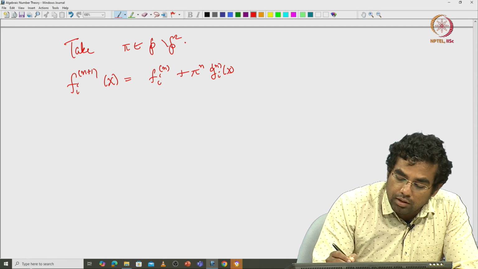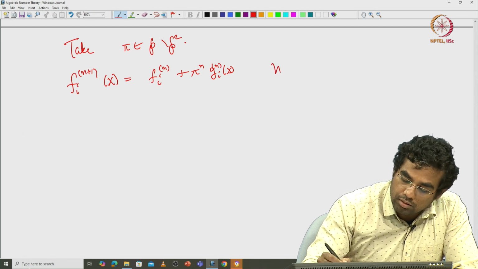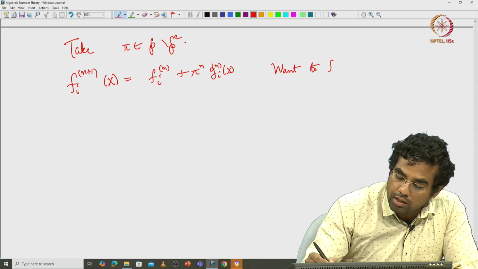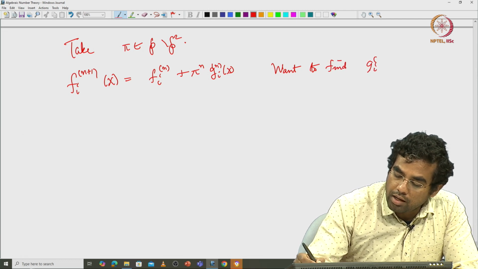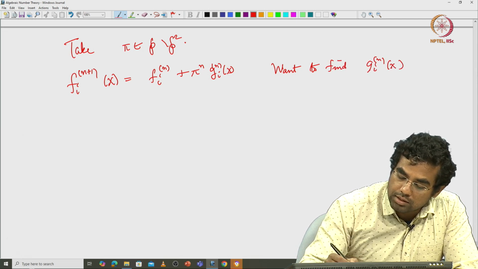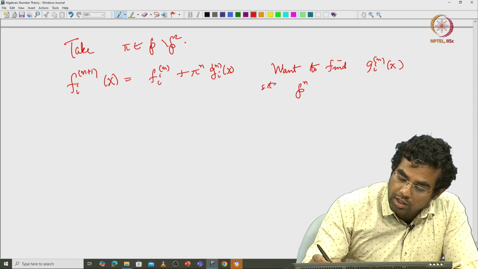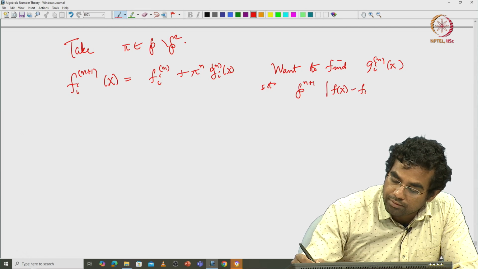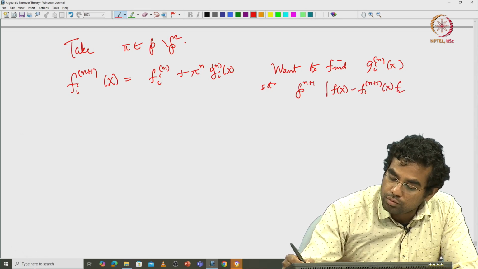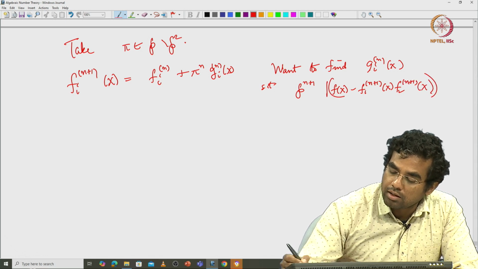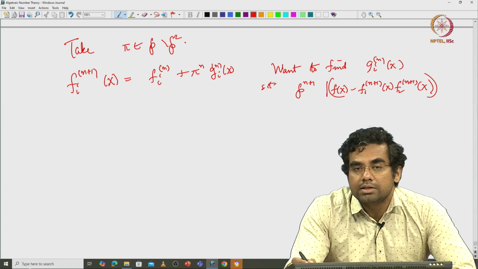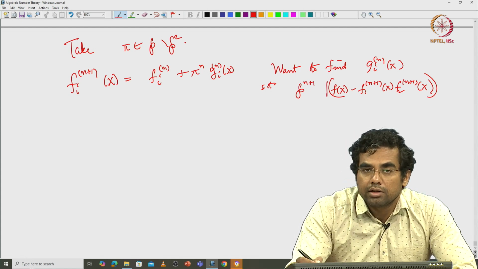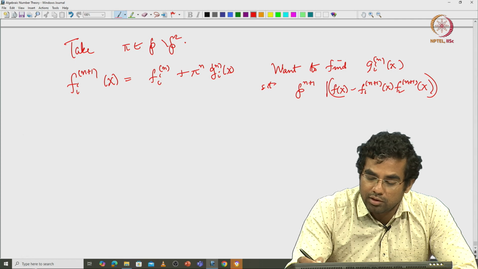So, we want to find g I n of x such that p to the n plus 1 divides f of x minus f1 n plus 1 x f2 n plus 1 x. By the way, when I say that this prime ideal divides this polynomial, it means that it divides each of the coefficients of this polynomial. Okay.